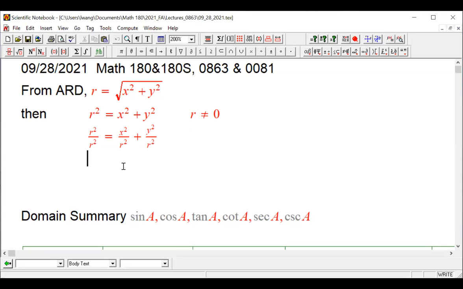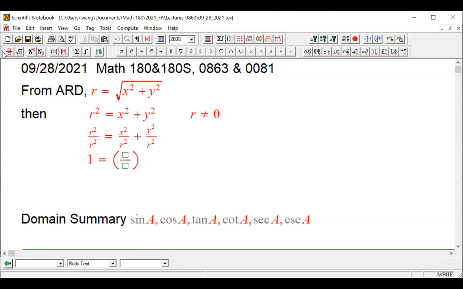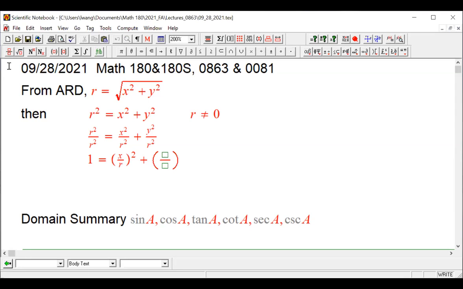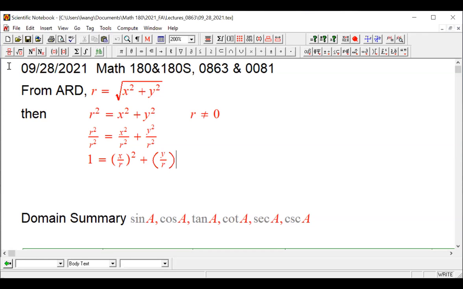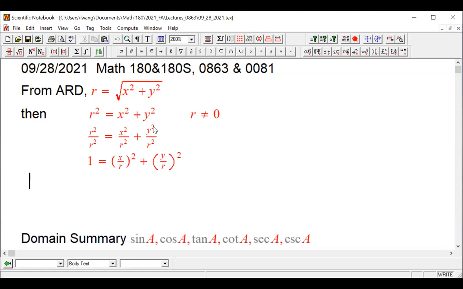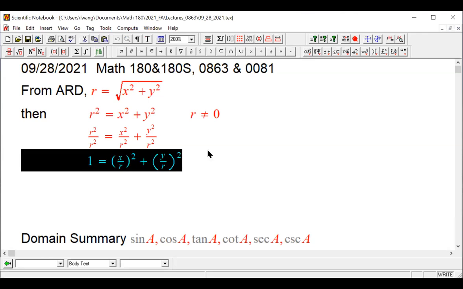R squared divided by R squared equals what? It equals 1. And x squared over R squared is x over R, squared. And what else? y over R, squared. What is x over R?